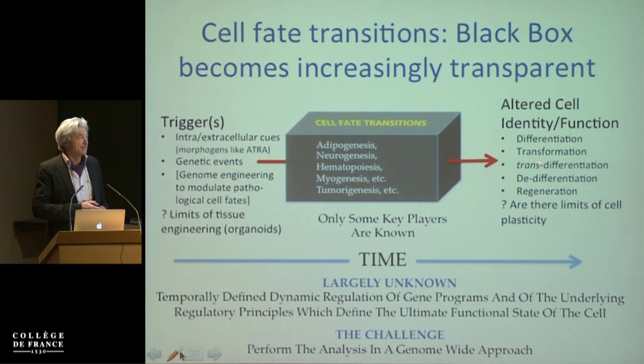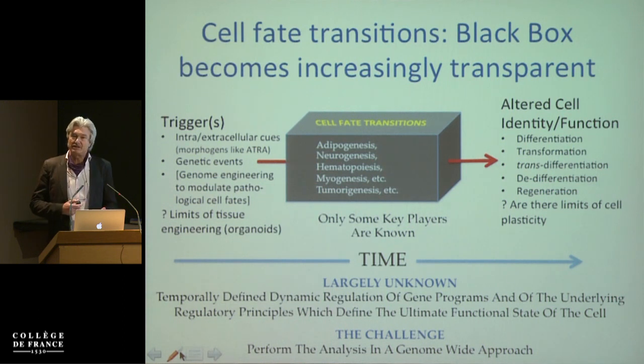In the physiological cases, it's differentiation. In the pathological case, it's a transformation. But there can be many more different types of modifications like transdifferentiation, dedifferentiation, and regeneration to a certain extent.